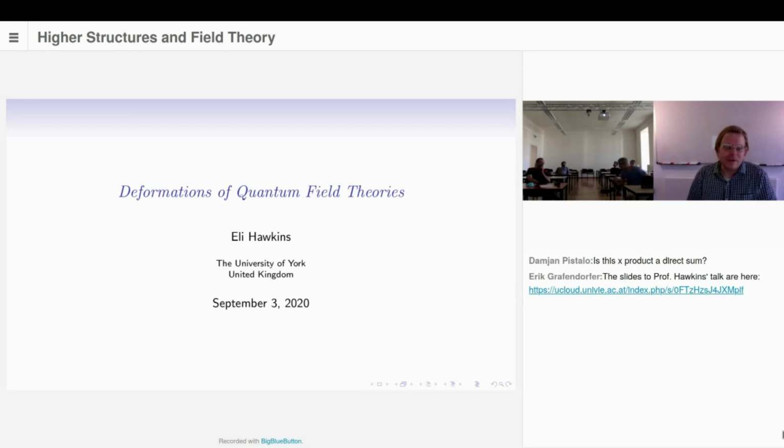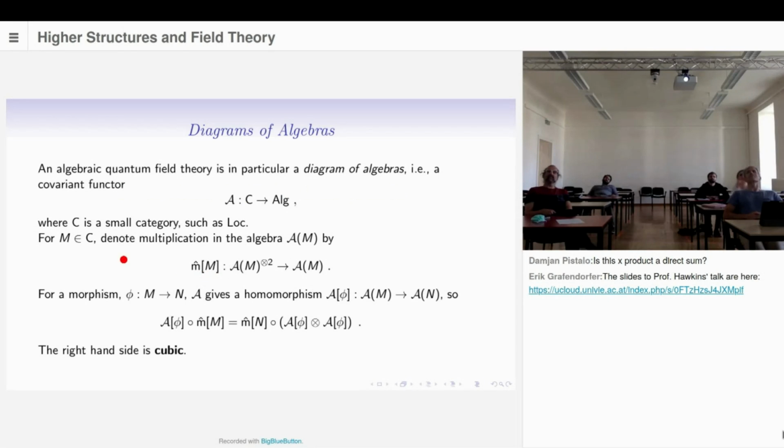So if, for example, M, probably a spacetime, is an object in the category, then there's an algebra there, and that algebra has a multiplication map. So for big M, a spacetime or whatever, an object in the category C, let little m hat denote the multiplication map in the algebra, and that's going to be a bilinear map like that.